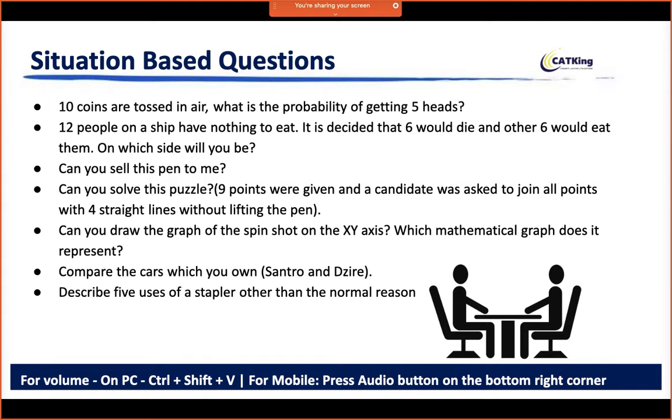If I look at the first one, it's very simple, checking your presence of mind: 10 coins are tossed in air, what is the probability of getting 5 heads? This is actually a very easy question which is based on your concept of probability.